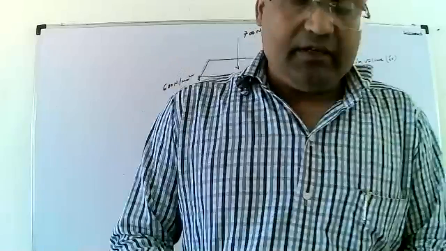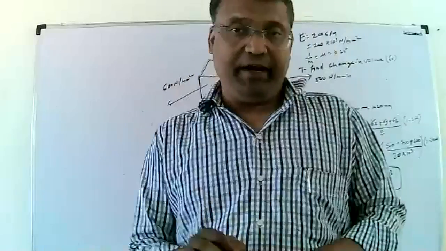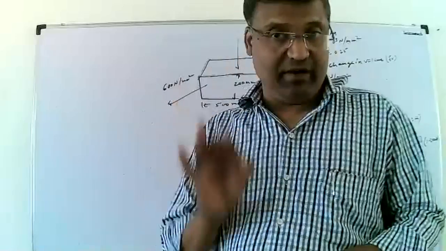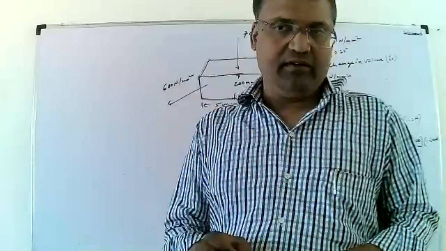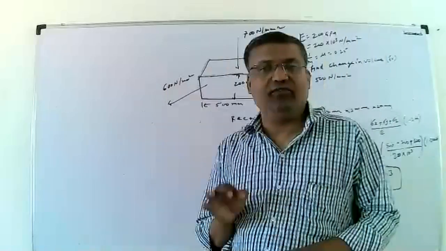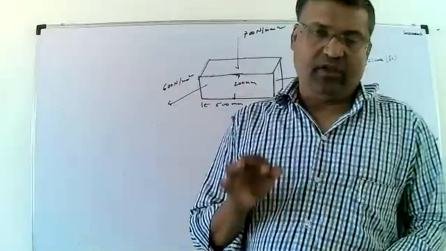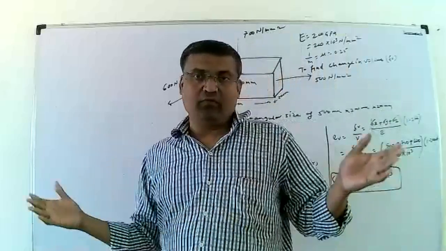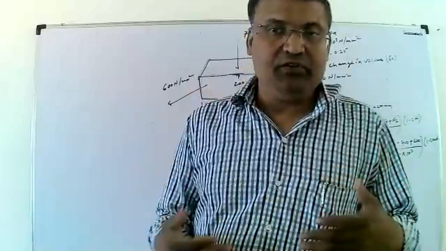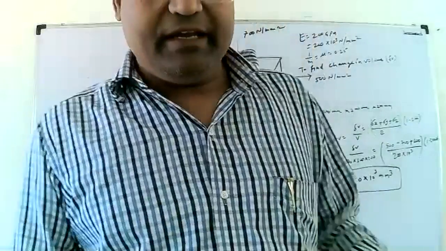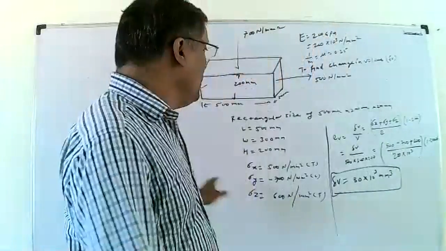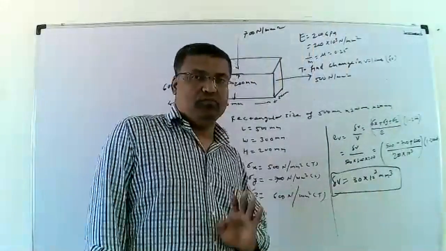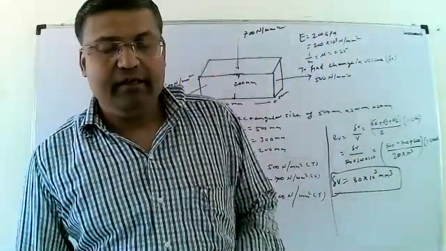If sigma x, sigma y, sigma z, and the value of E, Young's modulus of elasticity of the material, are provided, and the volume of the rectangular block, length into breadth into height, you can directly obtain the change in volume, delta V.